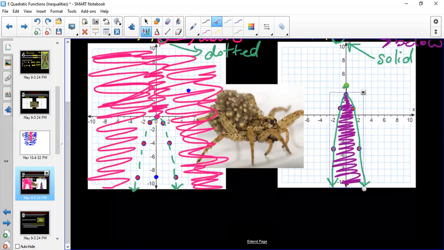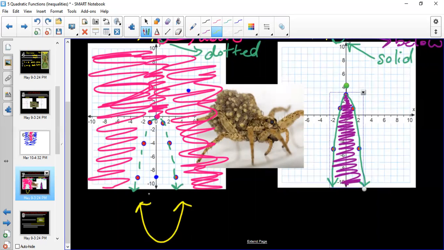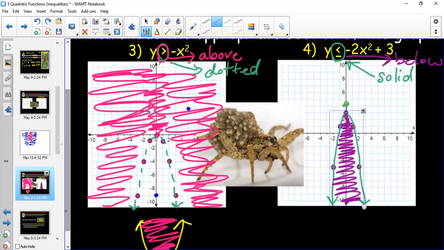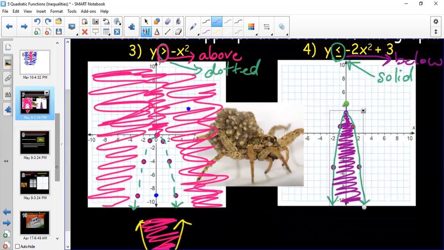Not true, because what if I would have flipped my parabola this way? And if I'd put my point on the vertex and it says a greater than means shade above, I would have shaded inside. So the greater than does not mean inside versus outside. It means shade above or below the vertex. So be careful on that part. That's usually the part where people get confused.